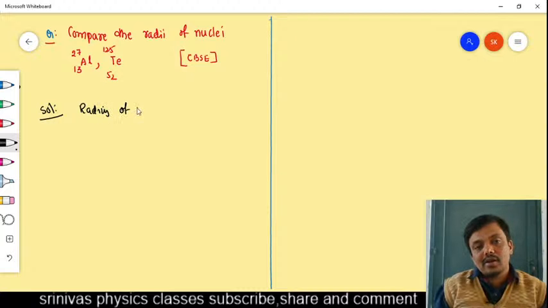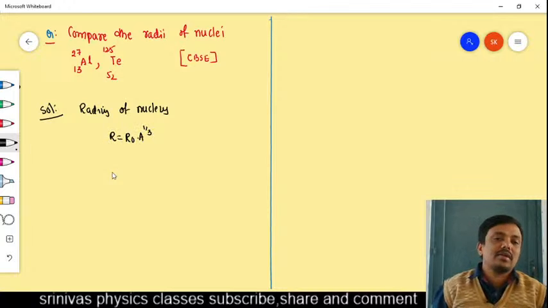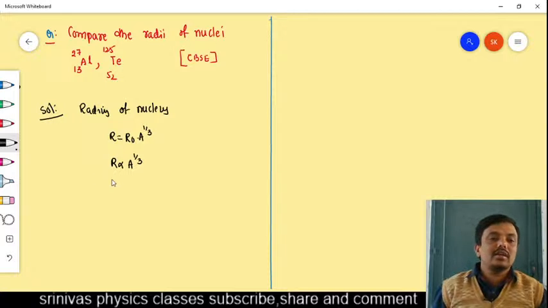Radius of nucleus formula is what? Just now we derived it: R is equal to R naught into A power 1 by 3. From this, the radius is proportional to A power 1 by 3. First nuclei mass number is 27, and its radius we can consider as R1.